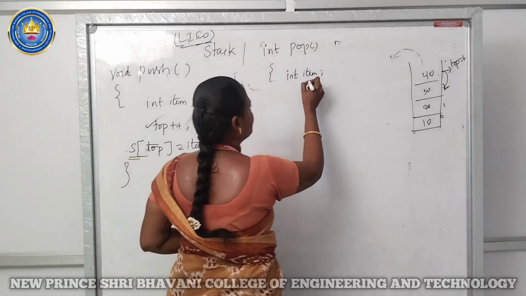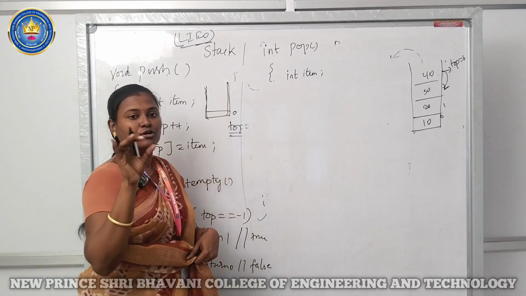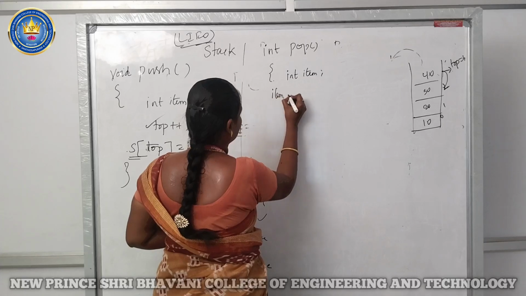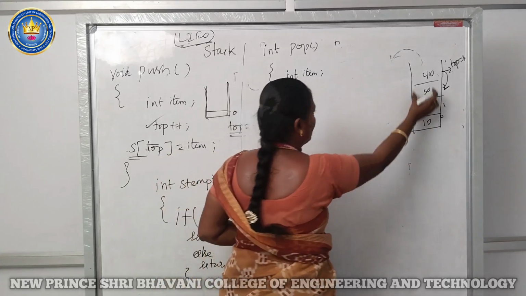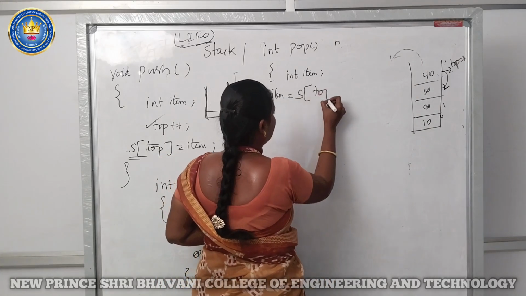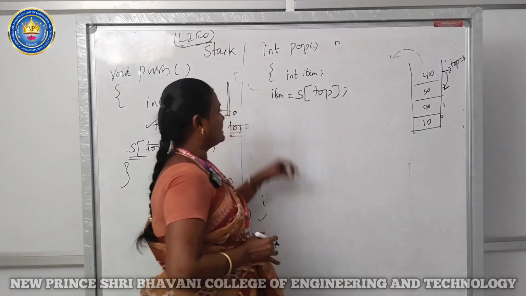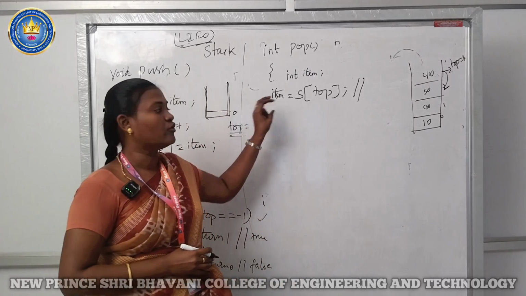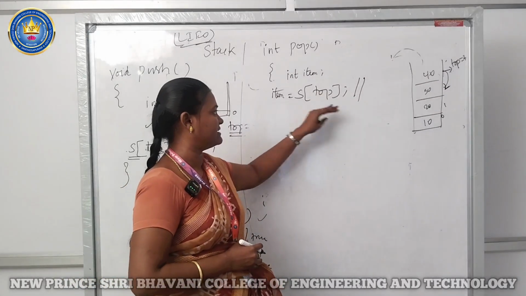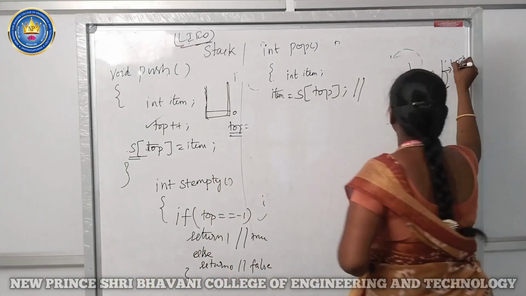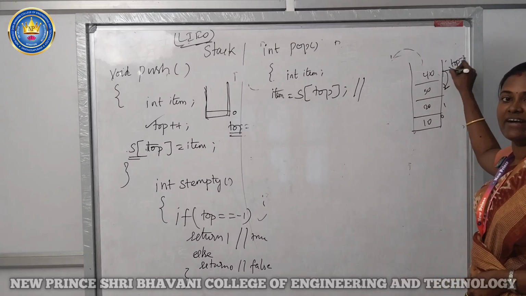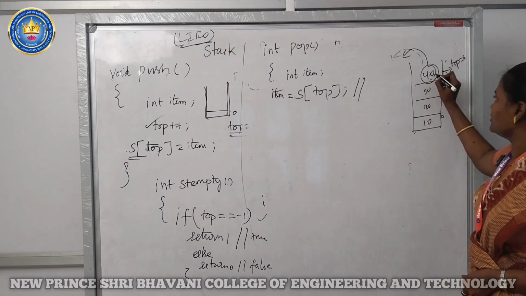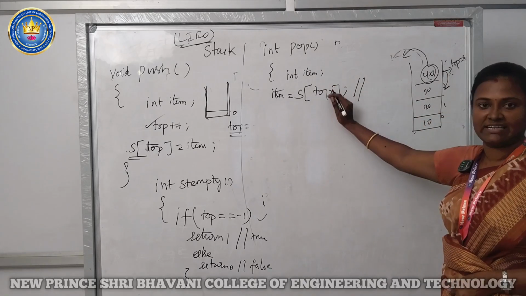Which element is going to be popped has to be noted: item equal to s of top, that means in array s at top. In this statement we note which element is going to be deleted. We note the element where the top pointer is placed in the stack, and that element will be popped. This is the meaning of that line.